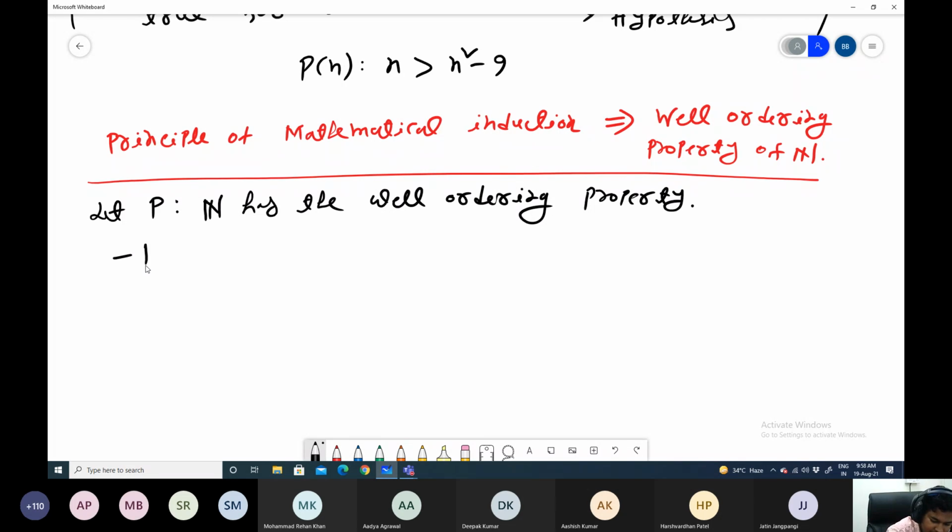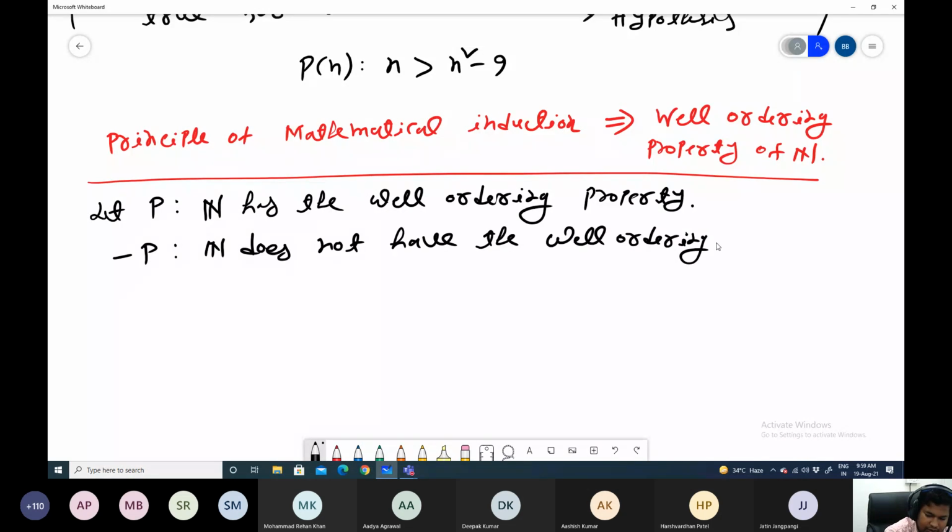Then what is my negation of P? That means N does not have the well-ordering property. Now what will we prove actually? So we prove that negation of P implies a contradiction.